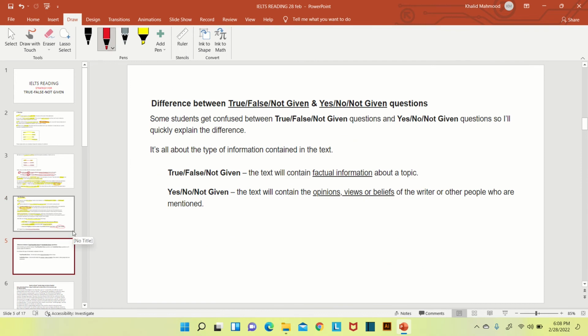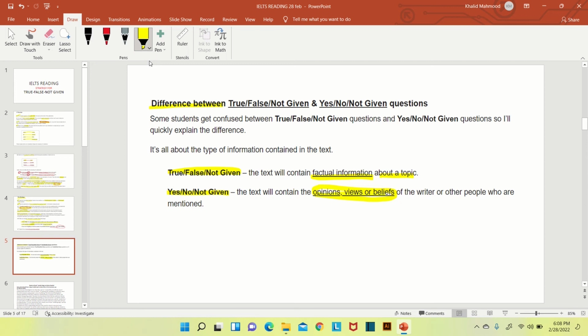Now, the difference between true, false, not given and yes, no, not given. Many a time people get confused. What is the meaning of true, false, not given and yes, no, not given? Are they both the same? No. In true, false, not given, the text will contain factual information about the topic. Factual information means scientific research and all that. And in yes, no, not given, the text will contain the opinion, views, or belief of the writer.